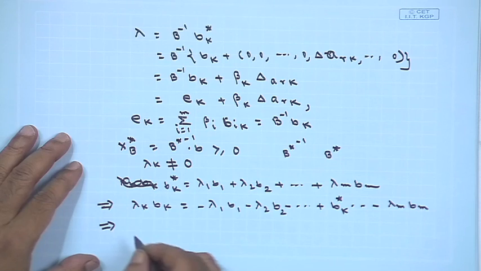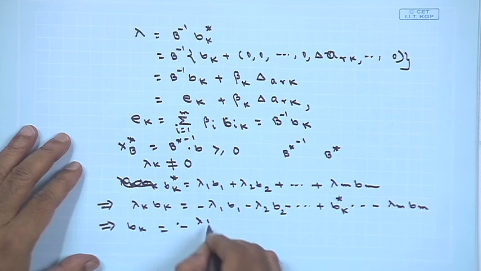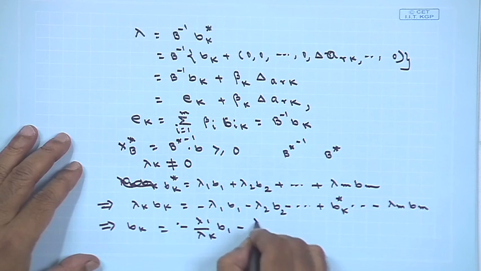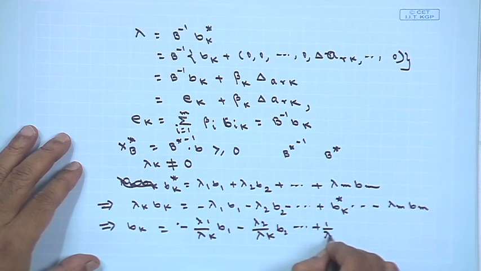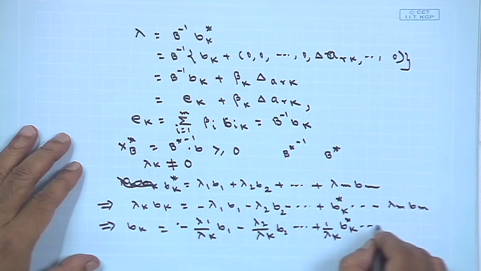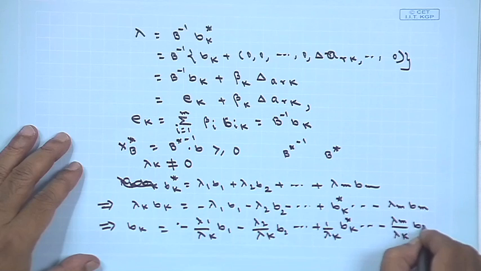Which implies your b k will be minus lambda 1 by lambda k into b 1 minus lambda 2 by lambda k into b 2, like this way, plus 1 by lambda k into b k star, and like this way minus lambda m by lambda k into b m.